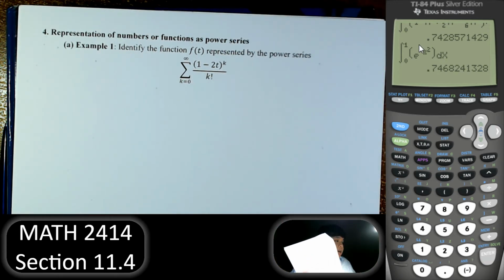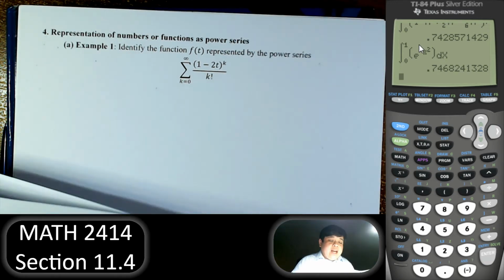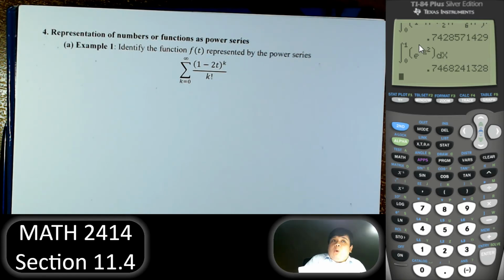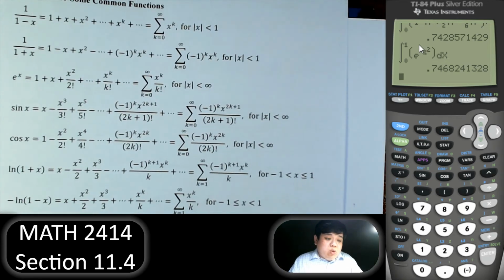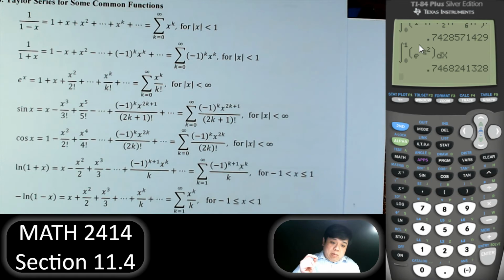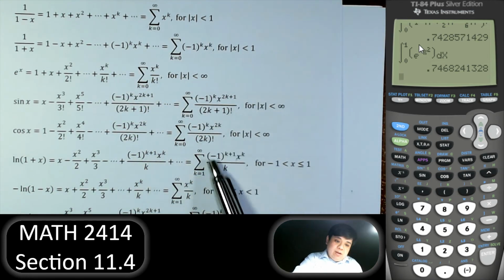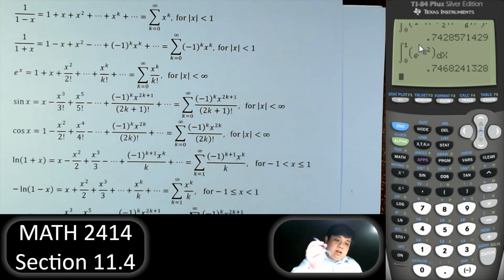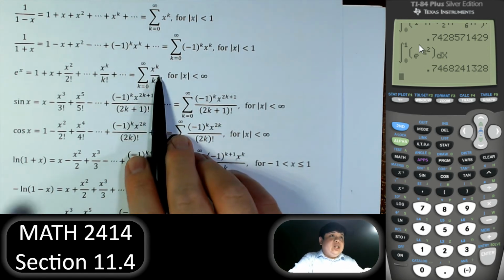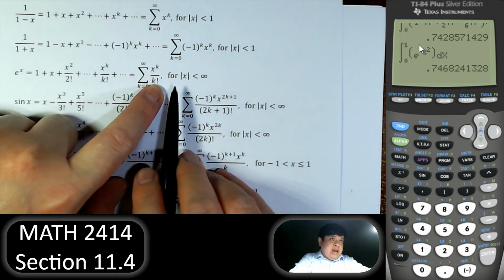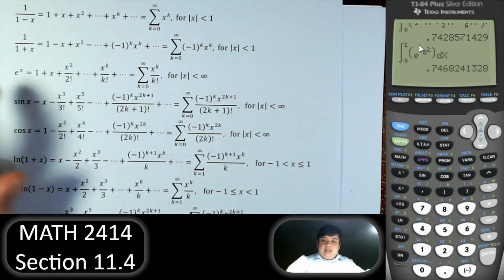The characteristic of this is it has k factorial at the bottom, so that's important. So we look in the Taylor series for which one has k factorial at the bottom. Actually, only one. e to the x has the k factorial at the bottom, so we will keep that.